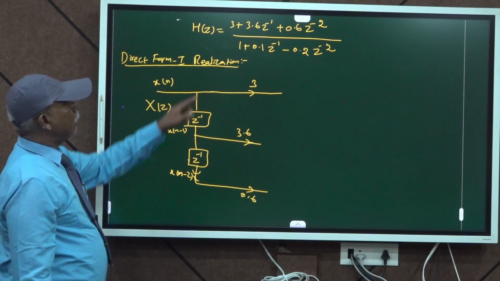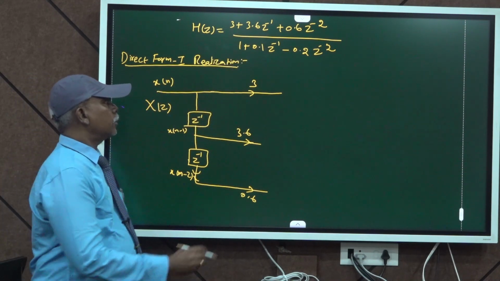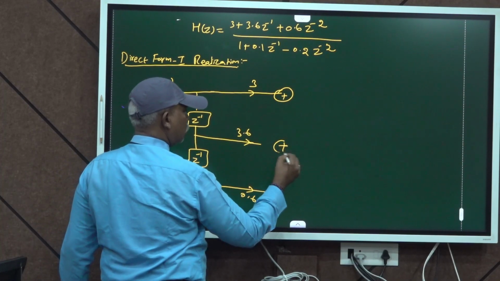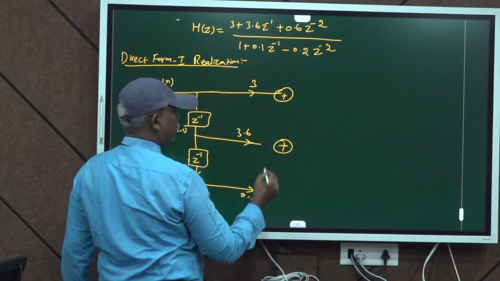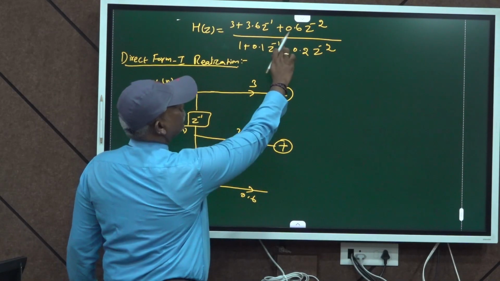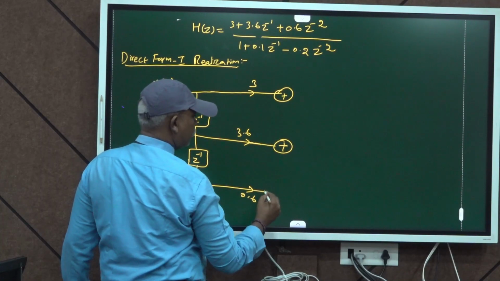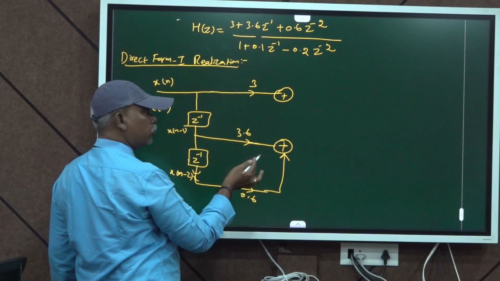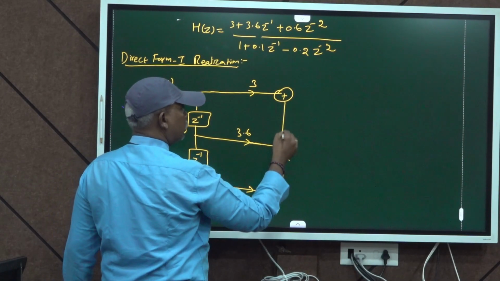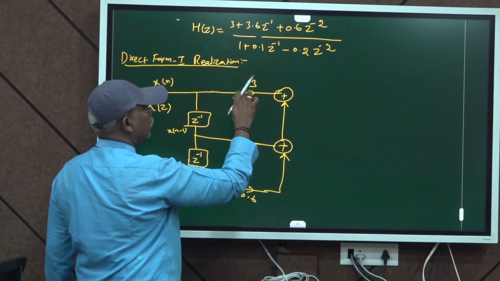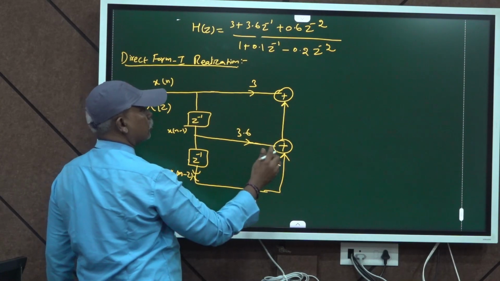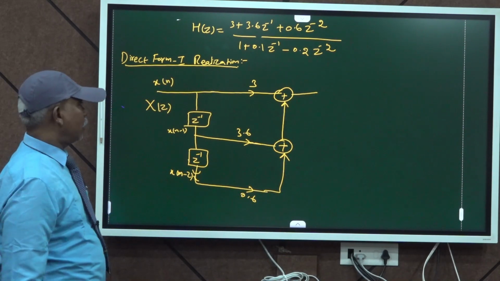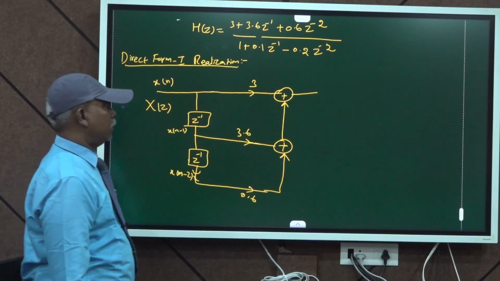Then another thing is the adders. 3 is added with 3.6 z inverse, which is added with 0.6 z power minus 2. Two inputs are necessary for each addition. All of these are added, then we go to the output side. The input side is over.